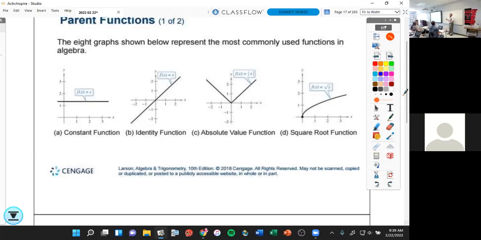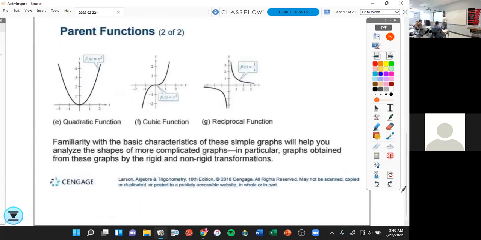Think about it. They have the same symmetry. They have the same domain. They have the same range. They have the same intercepts. They have the same area of increasing. They have the same area of decreasing. They're both even, symmetric. Okay, but a lot of the same properties.